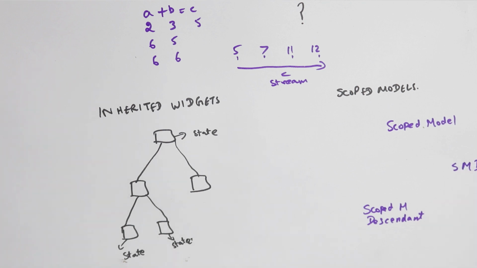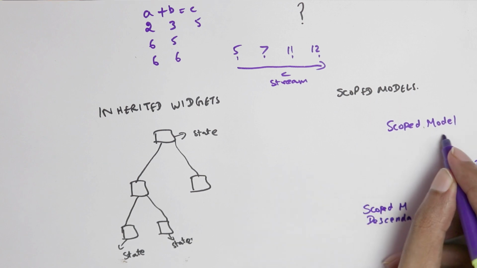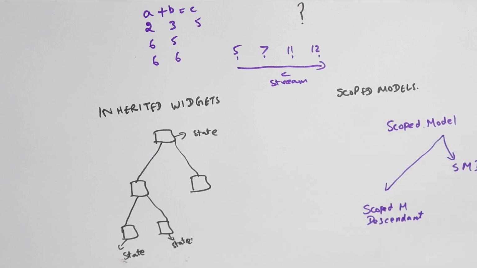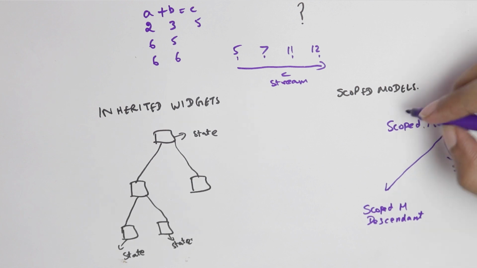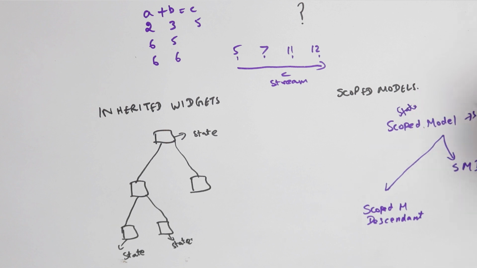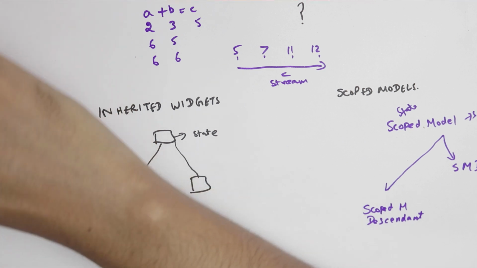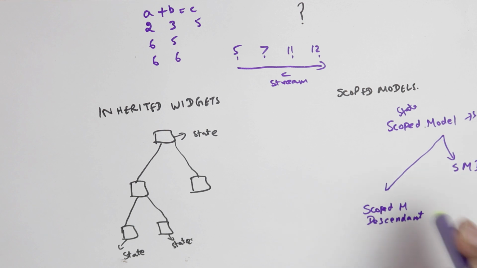Okay. Now what will happen is that these scoped model descendants will be like listeners to this particular scoped model. Whenever the state changes here, this will get reflected across all the descendants. All the descendants will be listening to that particular scoped model, and whenever the change occurs in the state, it will automatically try to reflect that particular state change as well.